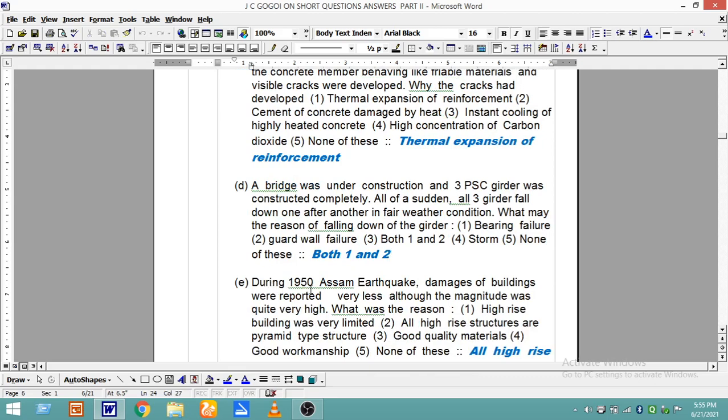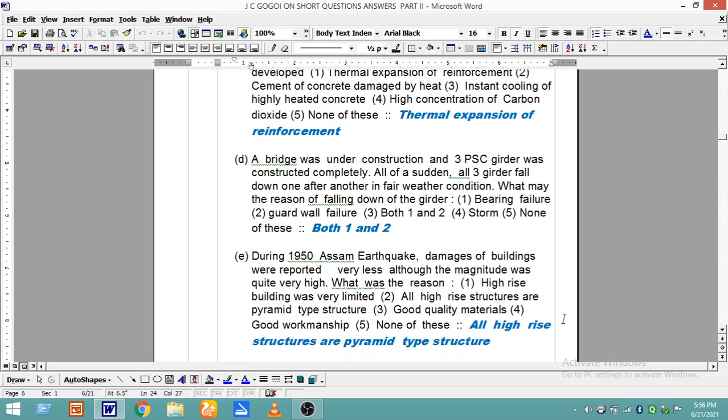During the 1950 Assam earthquake, damage to buildings was reported very little, although the magnitude was very high. What was the reason? Given answers: high-rise buildings were very limited, all high-rise structures are pyramid-type structures, good quality materials, good workmanship, none of this.